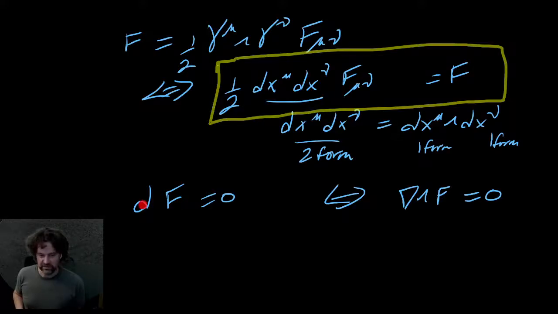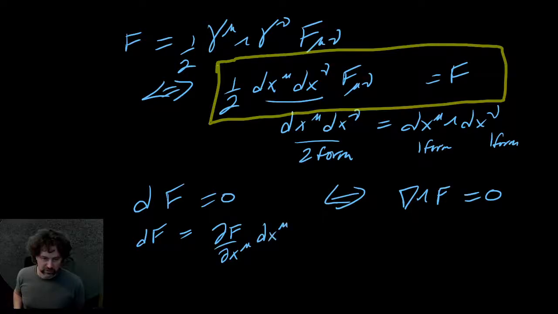And the d, if you recall, what this really means is we have dF = dx^mu wedged with ∂F/∂x^mu, let's be careful with orders, dx^mu wedged with dF.